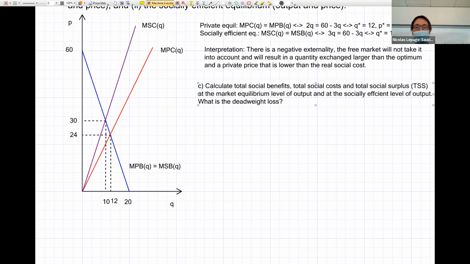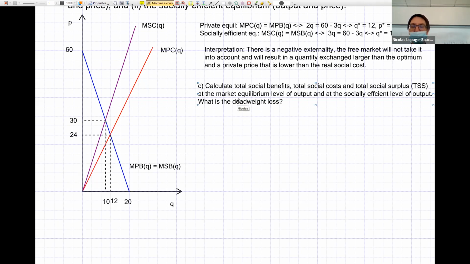So somebody has a beginning of something. This is really just applying the definitions, but the tricky part is that we usually compute, for instance, the surplus at the market equilibrium, and that's simple.